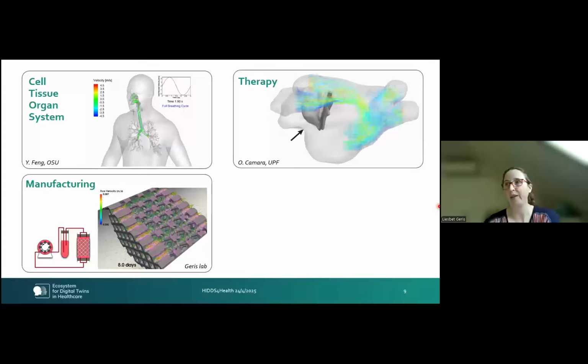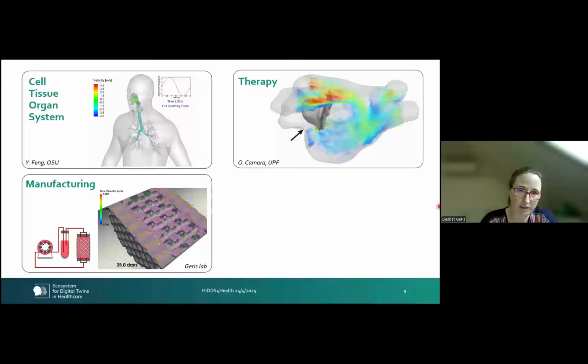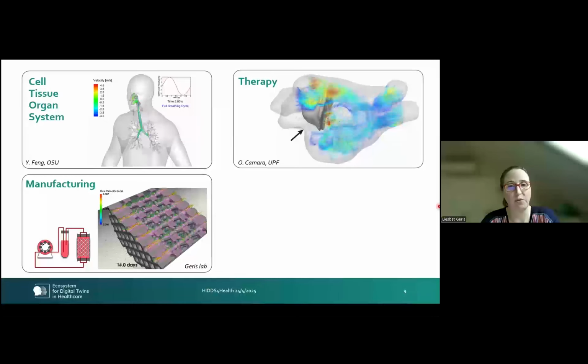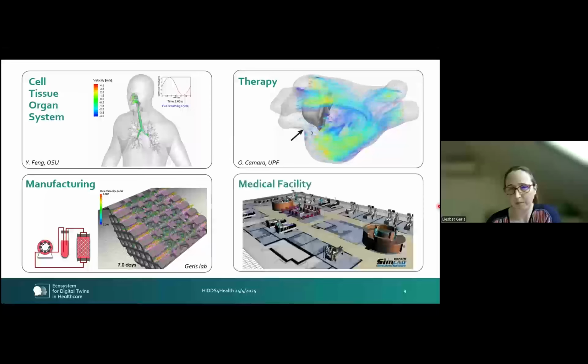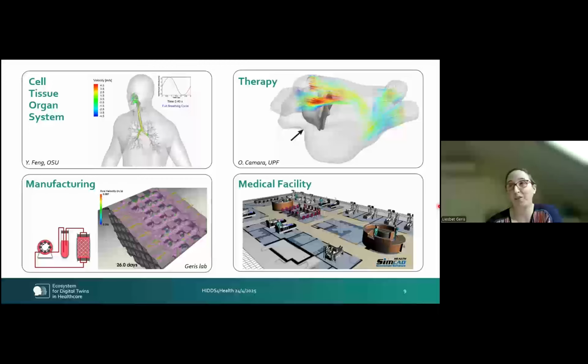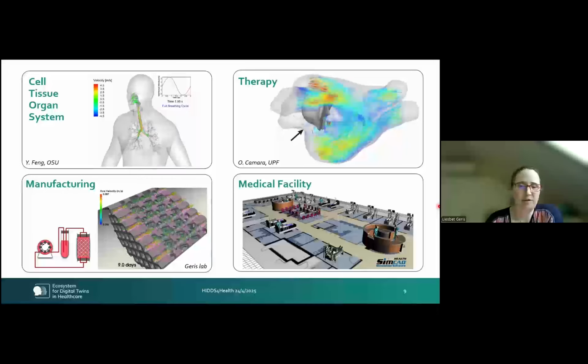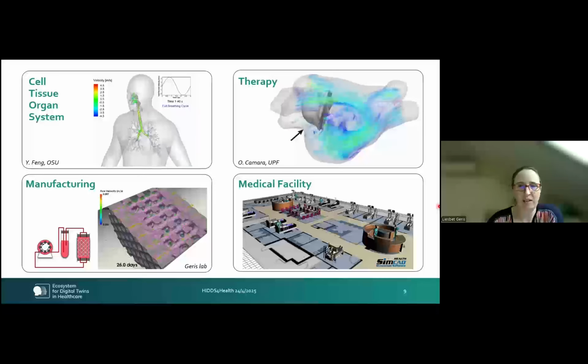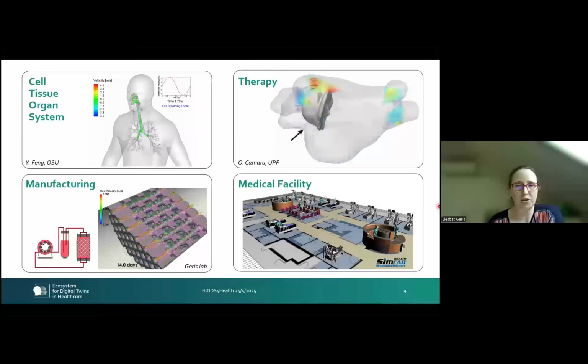When you have a bioreactor, for instance, where you're culturing cells for tissue engineering therapies, in order to understand what is happening to your cells, you can use digital twins of the bioreactor setup. And then you can have digital twins of the entire medical facility, especially during COVID. This was very useful to streamline the walking paths of people, but this is also routinely used for optimizing logistical processes in medical facilities and elsewhere. So all of these can be digital twins.